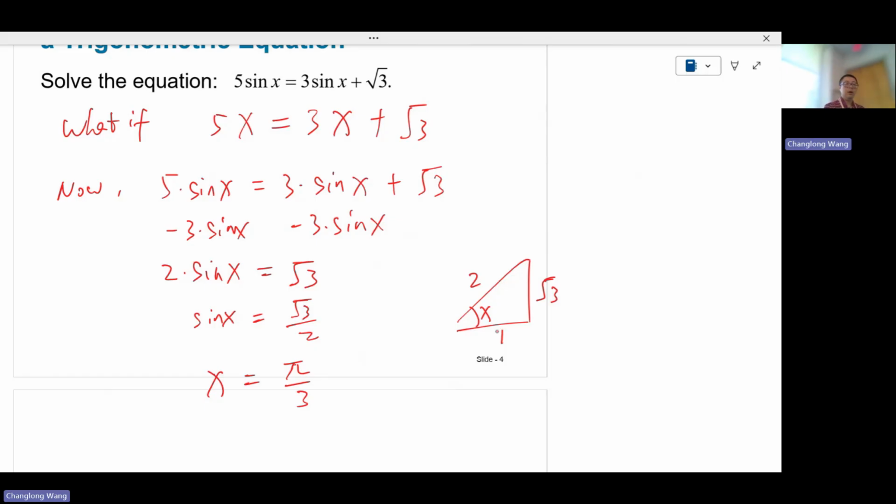Anyway, now I said that if you're able to show me everything from here to there, you're going to get 2 points. You're going to get 1 more point if you show me the answer of pi over 3. You might say, what are the 2 remaining points? That's the hard part of solving trig equations, because it most likely has infinitely many solutions.